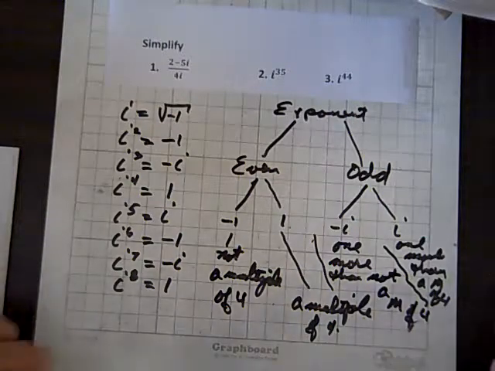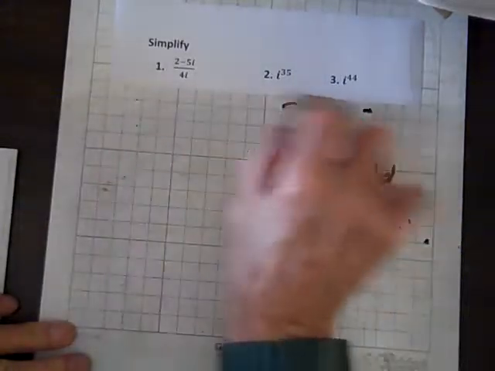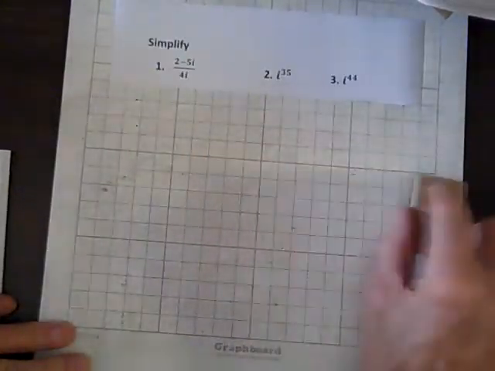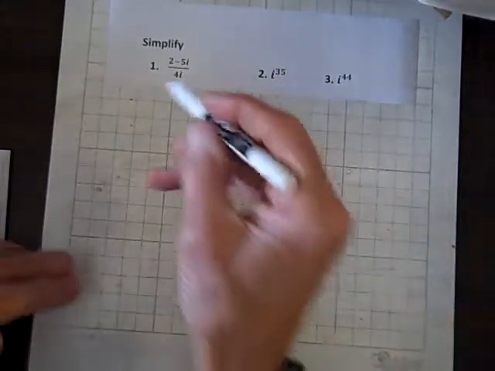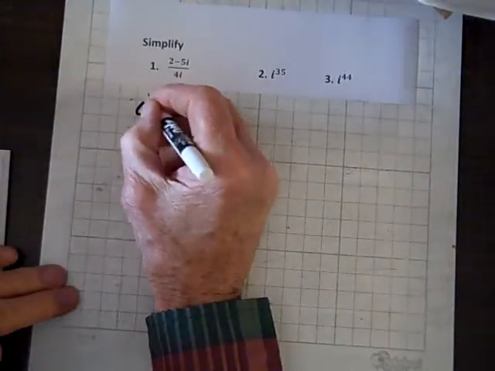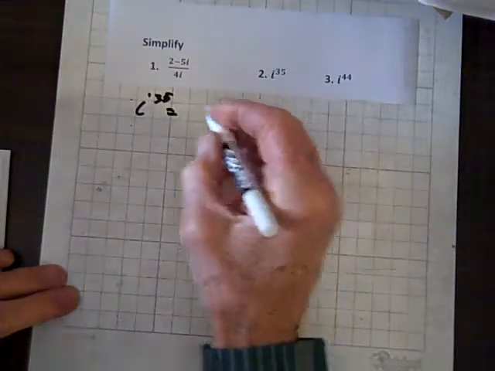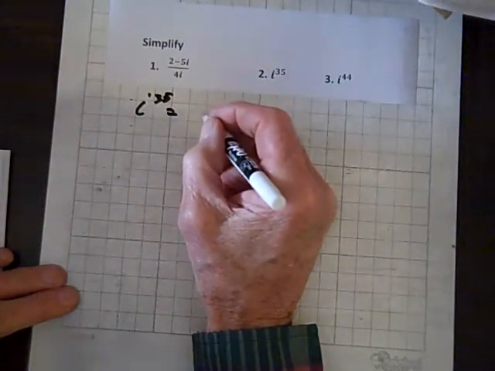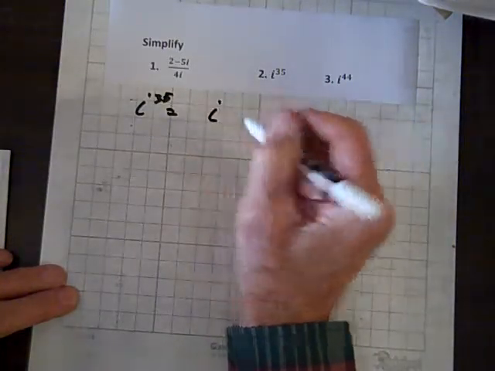Now we're going to stop and we're going to do questions 2 and 3. So, you might find this confusing, but hang in there. i to the 35th. Is 35 odd or even? Well, 35 is odd, so we know we're going to have an i here.